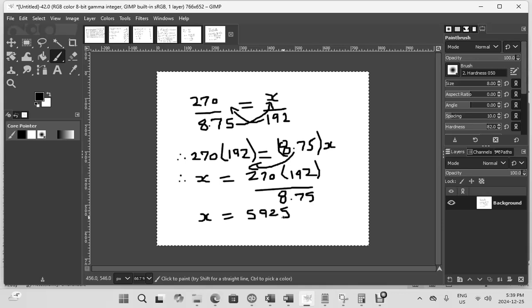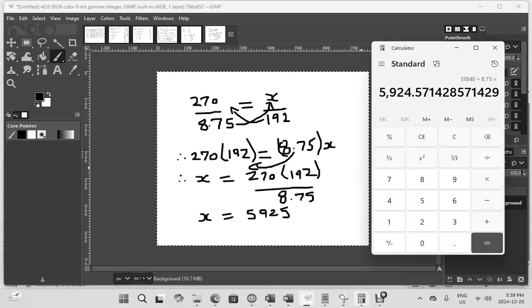Suppose this was a dollar figure, it would be $5,925.